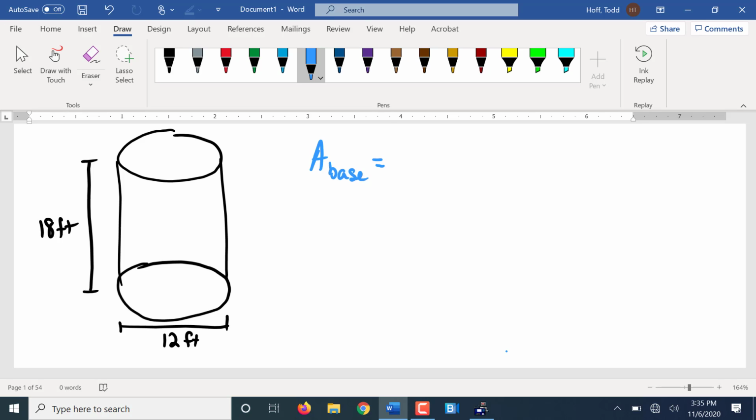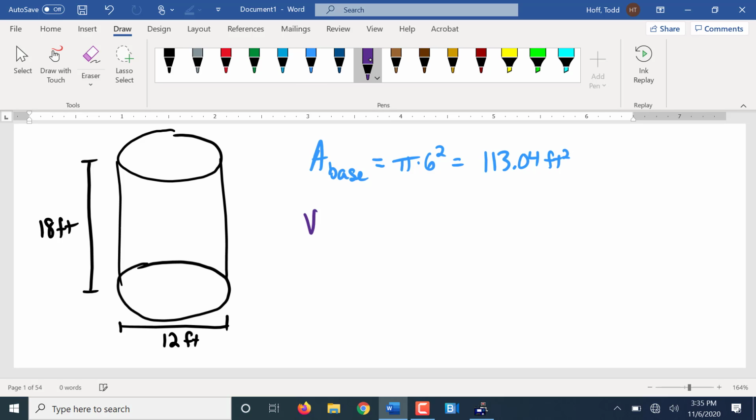So like any other volume, we start out by finding the base and the area of the base. What's the base of this shape going to be? Pi times 6 squared, good. And what's that give us for an area? 113.04 square feet.